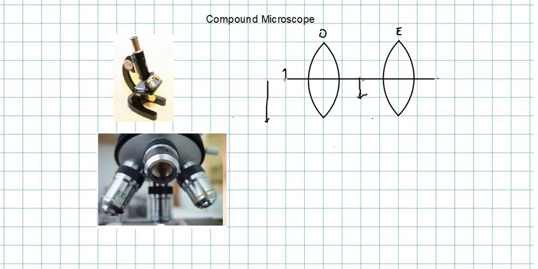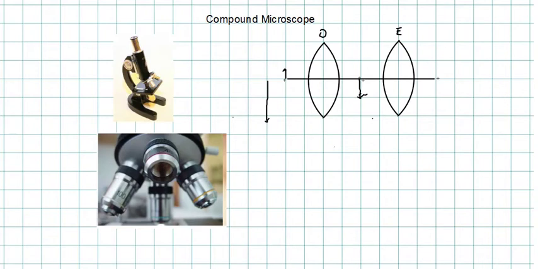So, a compound microscope is an optical instrument which is used to magnify small objects and give you an enlarged, magnified view of the object. Now we will see its functioning and magnification capability at the far point and at the near point.